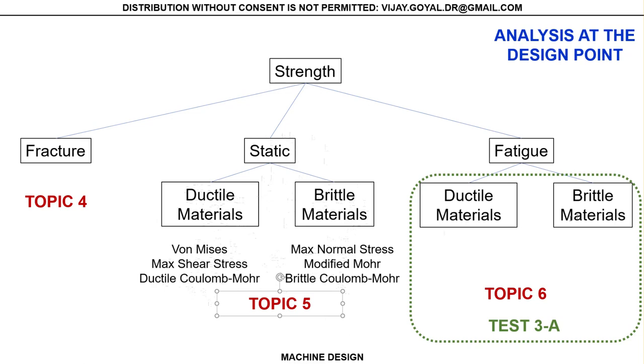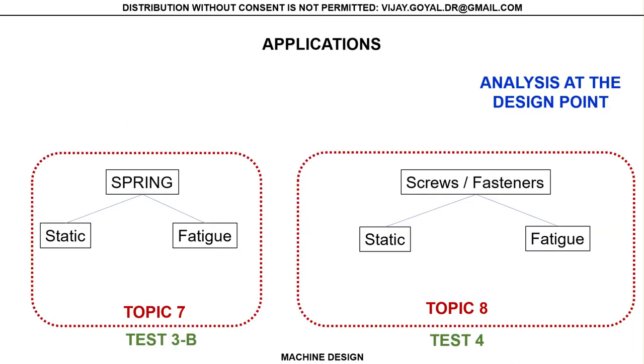The same thing for fatigue. For fatigue, we're going to analyze everything for ductile materials and brittle materials, and that's going to be topic number 6, and that's going to be half of your test number 3. And then we're going to do springs. In springs, we're going to do static, and we will do fatigue.